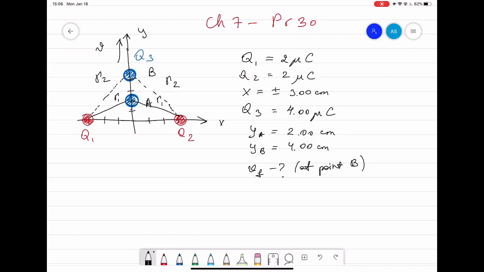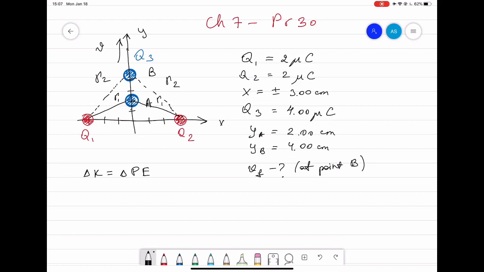to solve this problem. Now, first of all, we know that change in kinetic energy is equal to change in potential energy, right? Electric potential energy in our case, because we have charges.